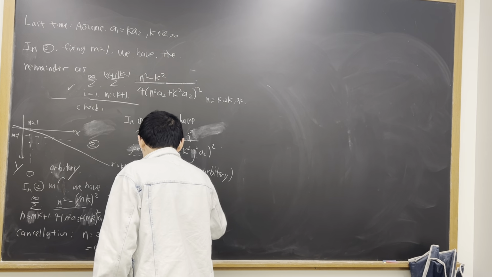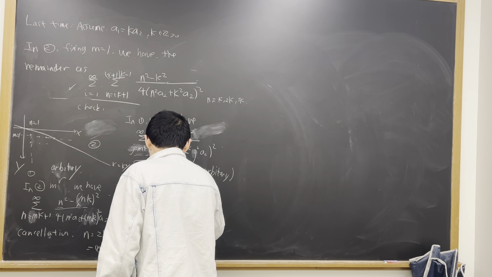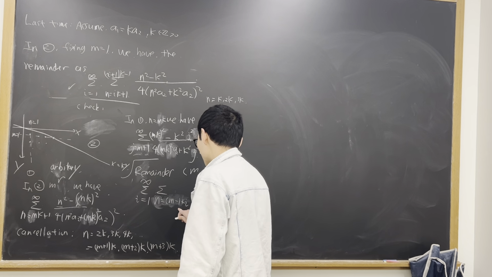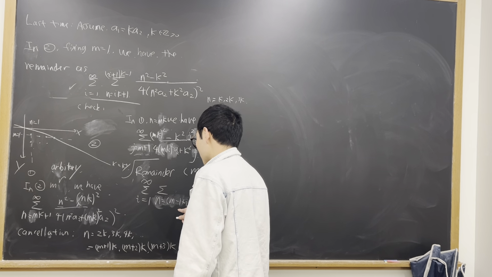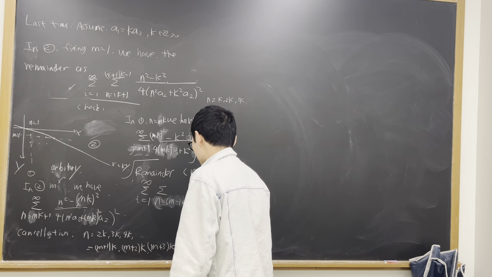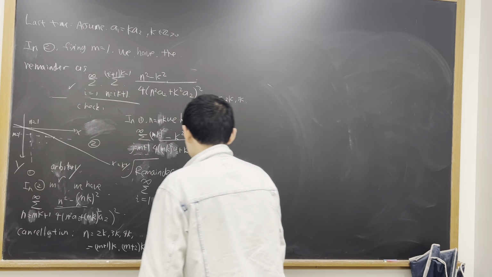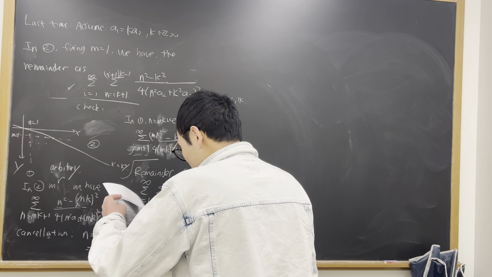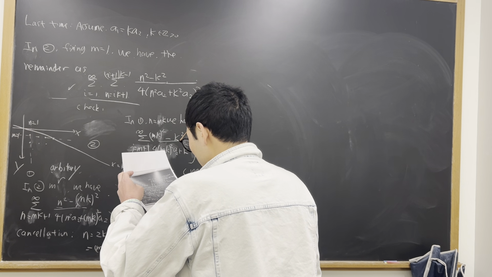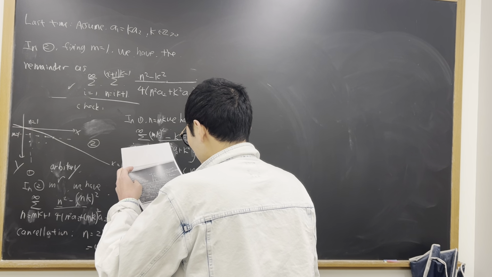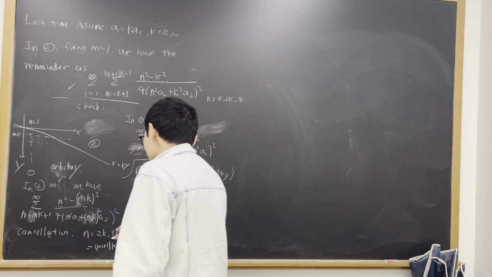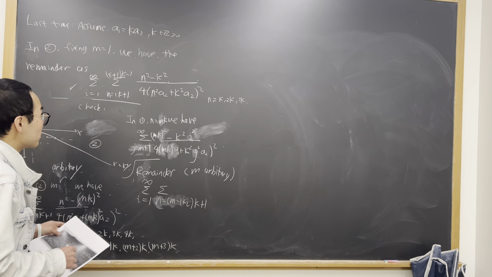So this is n equal to m minus 1 plus I, because when I equal to 1, I want to start at the mk position and then plus 1. Yeah, I think this is the part where I messed up last time.